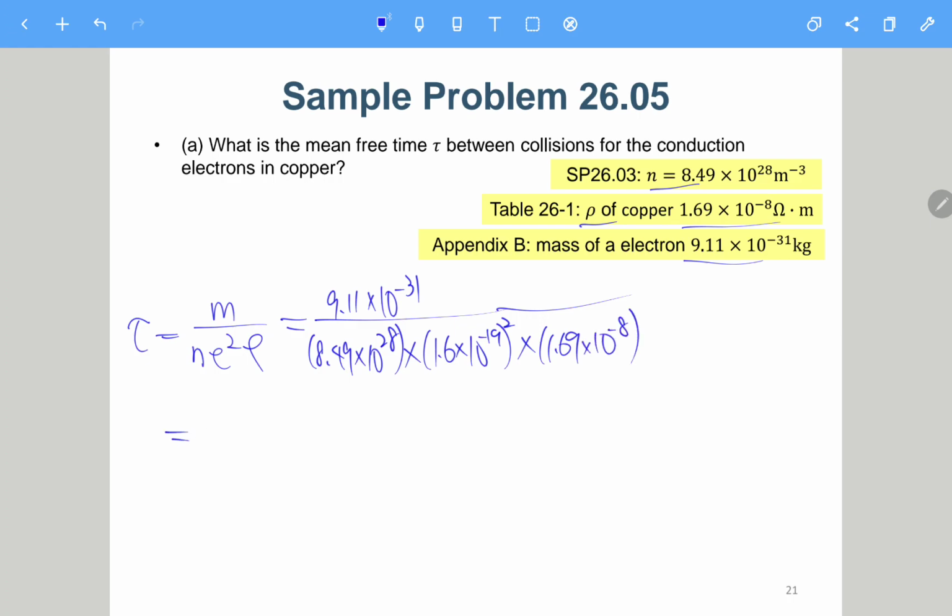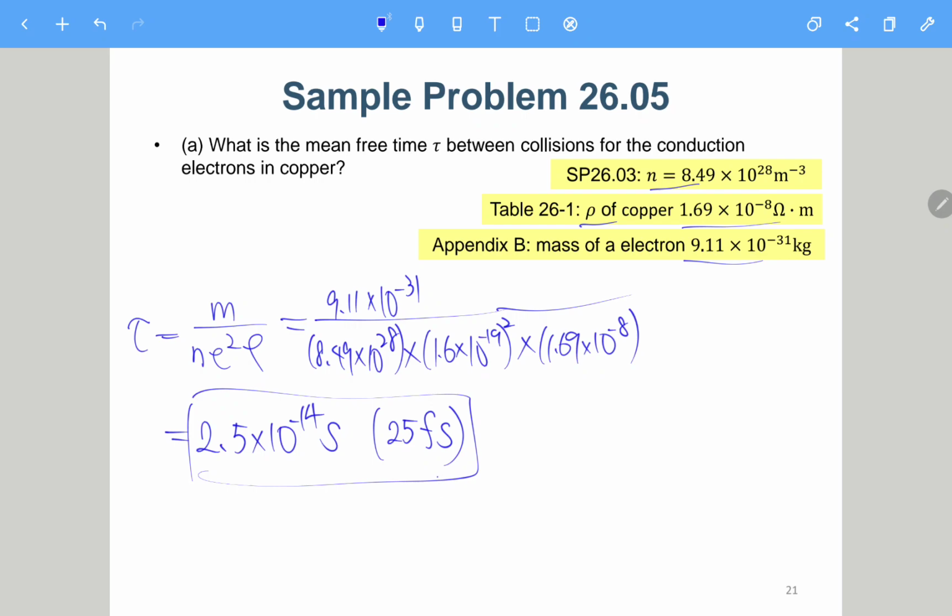Nothing special. The result is 2.5 times 10 to the negative 14 second. If you would like to express it in scientific terms, this is 25 femtoseconds, which is a really short time.